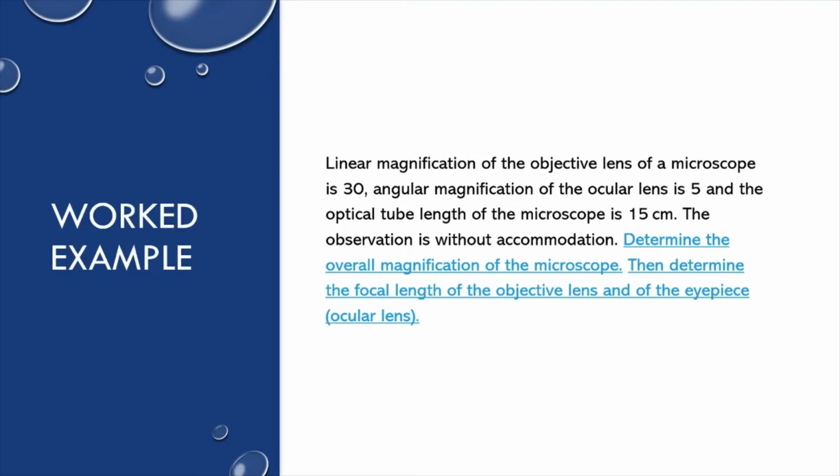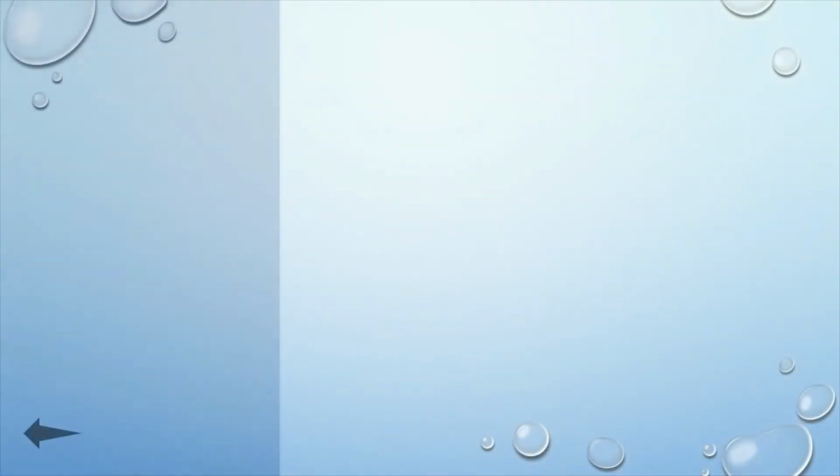We will answer the question of the overall magnification first. From the problem we know that the magnification of the objective lens, or MO, equals 30, while the magnification of the eyepiece, or ME, equals 5.